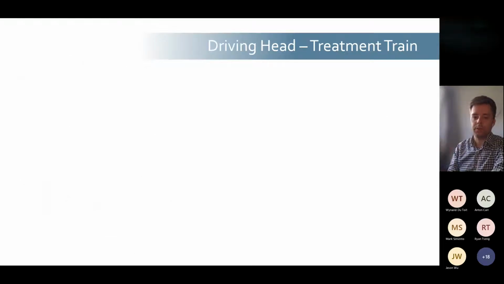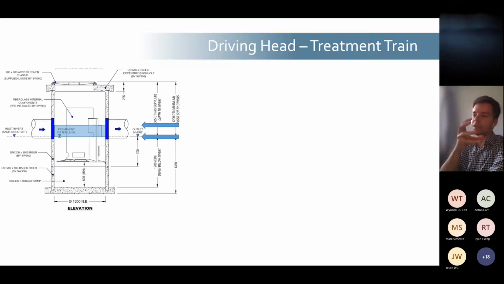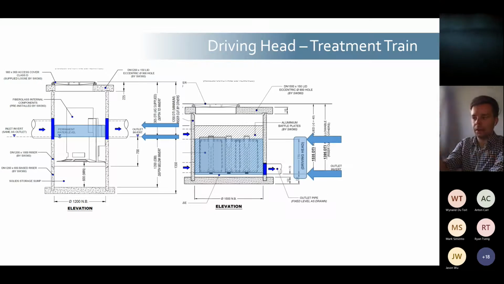So in relation then to a treatment train, what does that mean? If we're placing devices in series, whether you have a GPT followed by a StormFilter to improve the maintenance period on the StormFilter, there is a driving head on the Cascade, and then a driving head on the StormFilter, and we can't have too much tailwater acting on the Cascade during the treatment performance of the StormFilter.